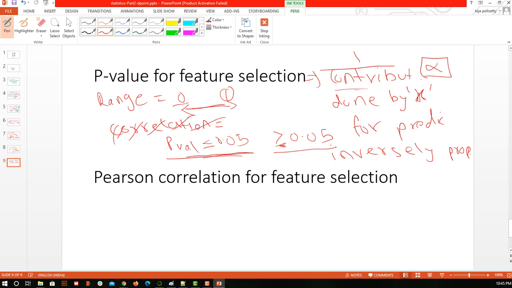But if it is greater, then I am removing it, because that column has no use for me. It is simply unnecessary data, and the more unnecessary data we have, the more we are fluctuated from our actual decision. So we try to filter out all the unnecessary data.